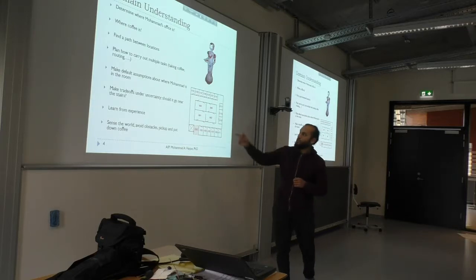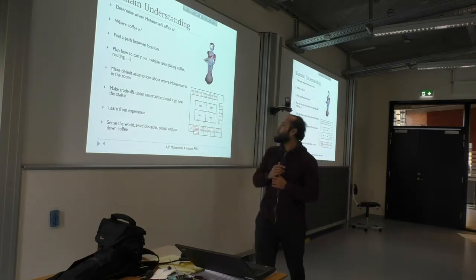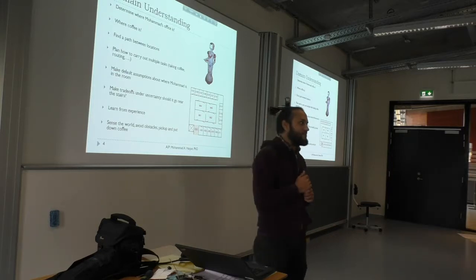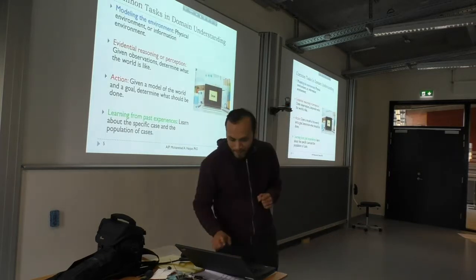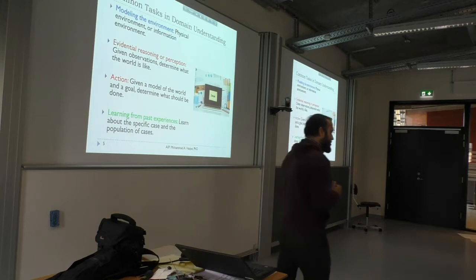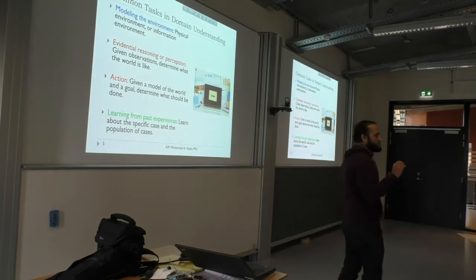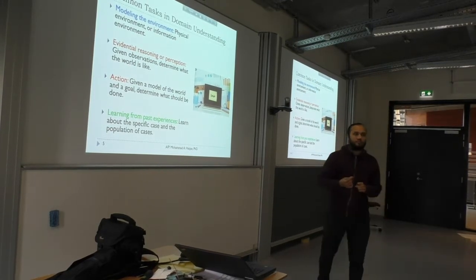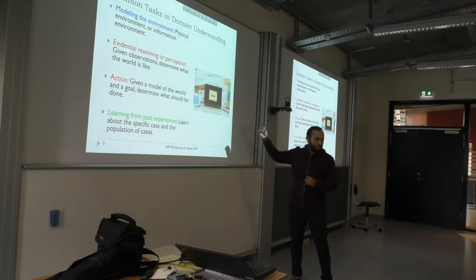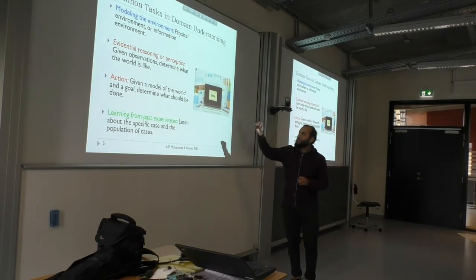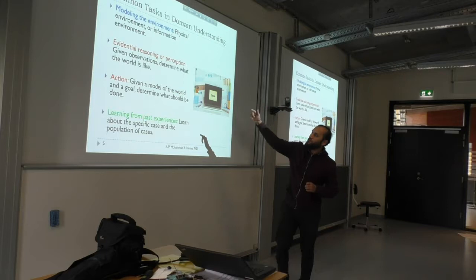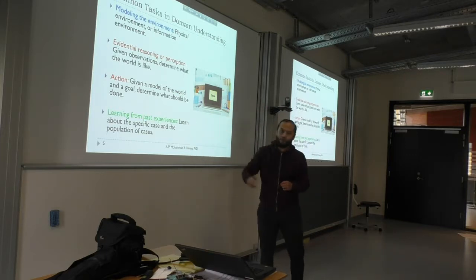And I just put an example here if the robot wants to serve something to me. So when we are trying to understand the domain, what is our objective? The objective is designing that intelligent agent. And when designing that, we have to consider these 4 points.